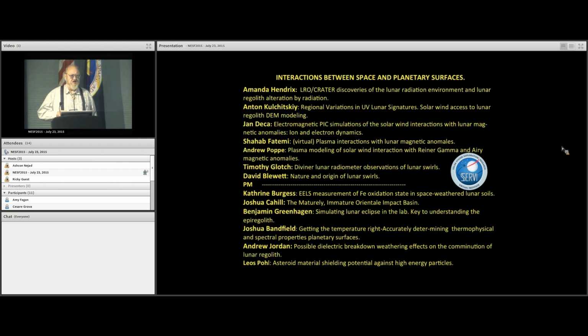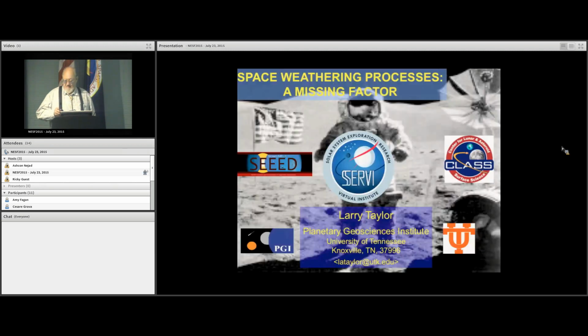We think it's only iron, but in fact, it may have different oxidation states than just neutral iron. And then we have other talks along there. The one I'm interested in particularly is the one by Andrew Jordan, the dielectric breakdown weathering. This is something I hadn't really anticipated too much of. I've been trying to think about weathering for quite a bit, but I sort of left that out.